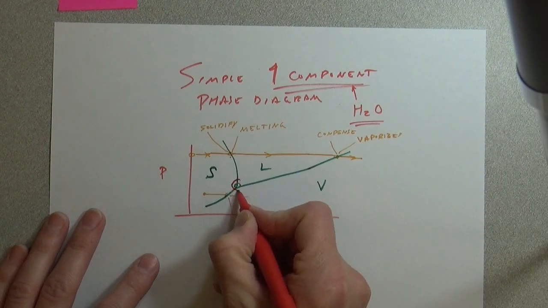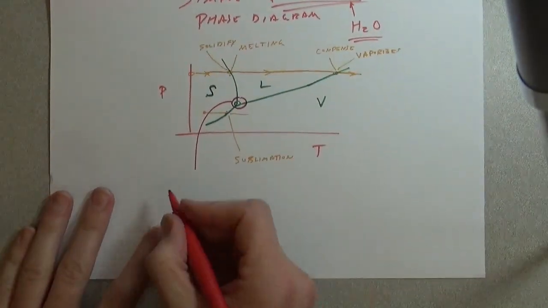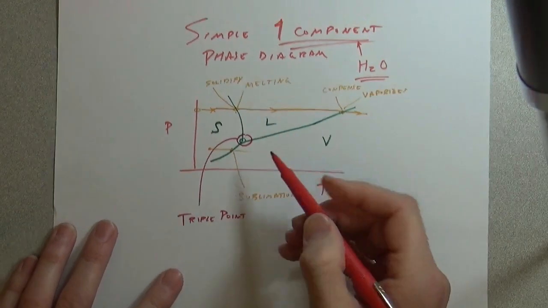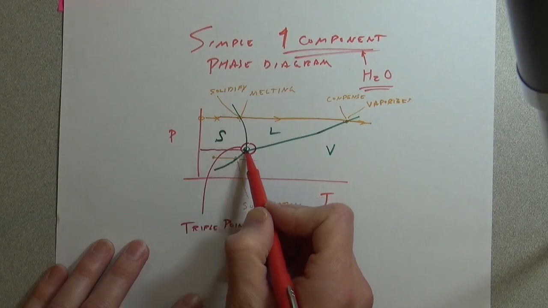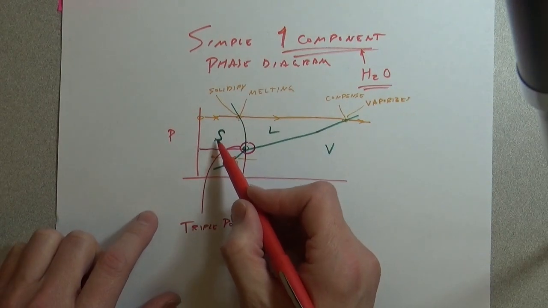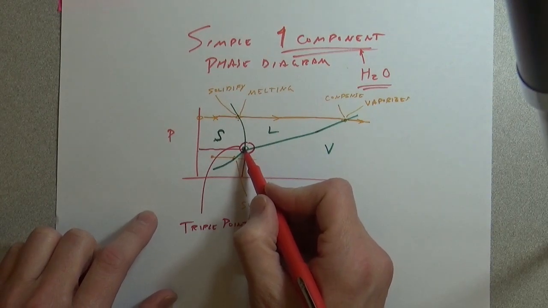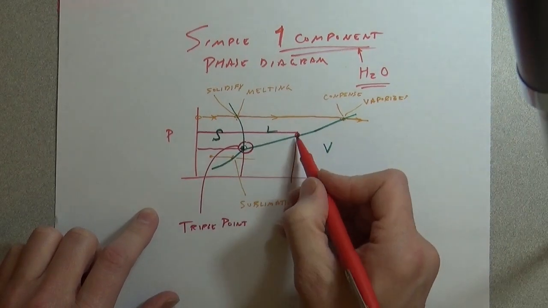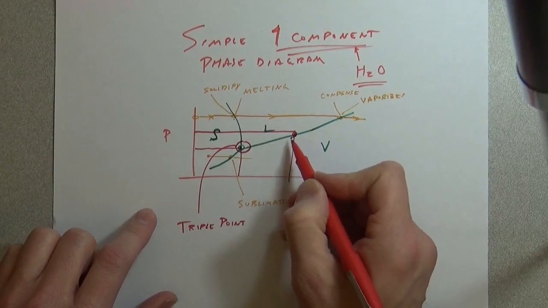This point is called a triple point. At the triple point, if you're able to hold your system right at that exact pressure and at that exact temperature, you'll see all three, solid, liquid, and vapor, coexisting at that point. In a similar fashion, if you can pick a pressure and temperature such that you're right on one of these phase boundaries, you'd see liquid and vapor coexisting.